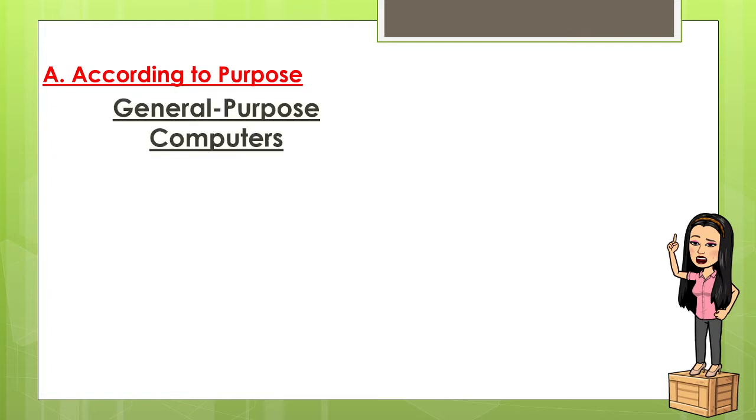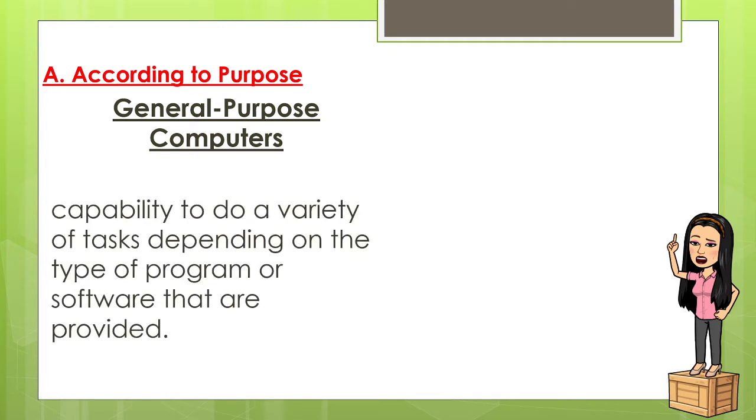So what are general purpose computers? These are computers that have the capability to do a variety of tasks depending on the type of programs or software that are provided. These computers are designed in such a manner that they can work in all environments. They are versatile and can store a number of programs meant for performing distinct tasks.